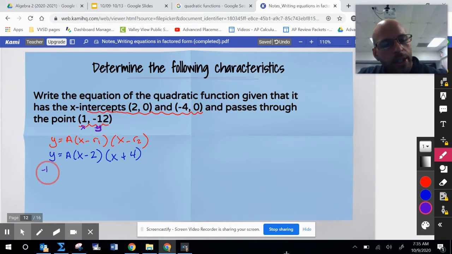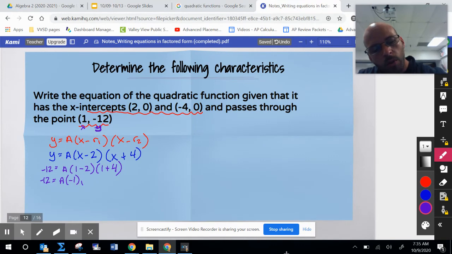So my y value is -12, and then my x value is 1. And if I solve this, I get -12 equals, now let's figure out what these numbers are going to be. 1 minus 2 is -1. 1 plus 4 is 5. So I get -12 equals -5a, because I'm just multiplying these values, then dividing by -5.